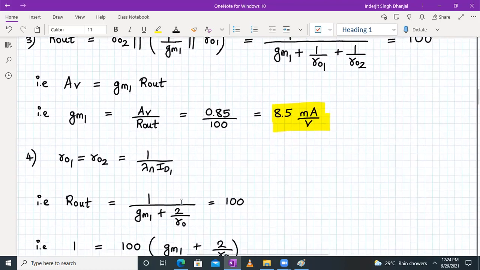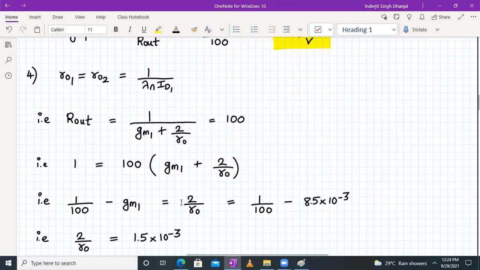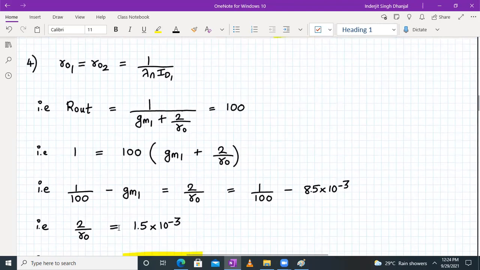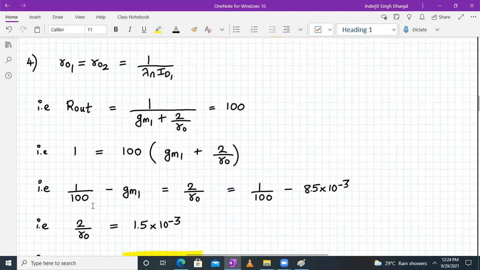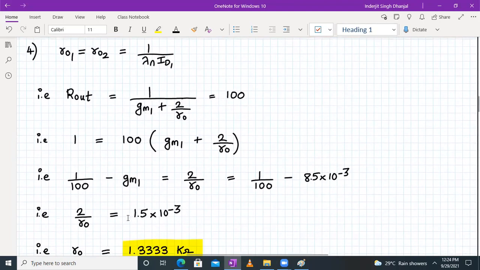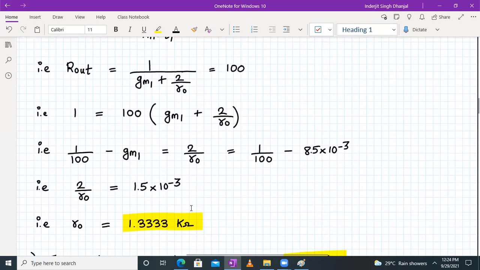And yeah, let us continue now. So over here we have the unknown value of RO only present, right? R out is known to us, it is 100. GM1 is known to us. We have to algebraically solve this and find the value of RO. So here we'll cross multiply and finally we get this expression. Twice divided by RO will be 1.5 into 10 raised to minus 3. So RO is coming out to be 1.333 kilo ohms.